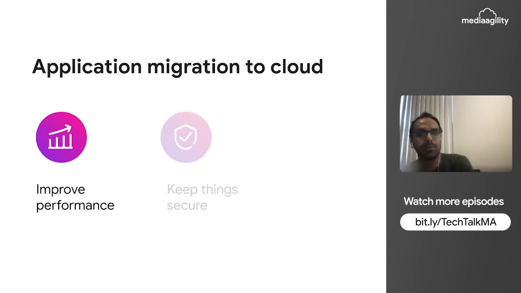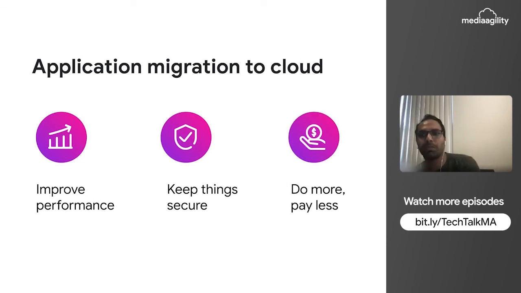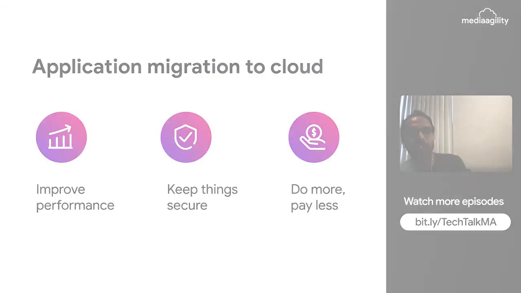The cloud helps you secure your data or your API. It can secure data on the fly and at rest, and cloud is again much cheaper than on-premise in most of the cases.